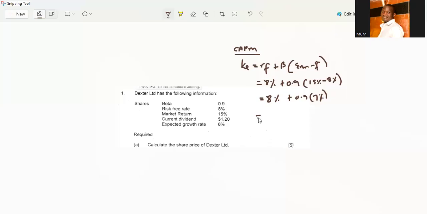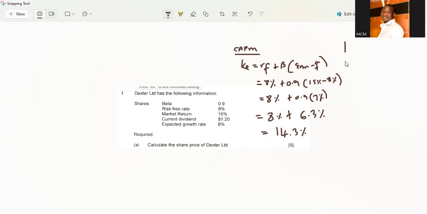So when you compute here, we have 8%, then we're going to have 6.3%. So when you add these two, we're going to have 14.3%. So this is the cost of equity using the CAPM model.